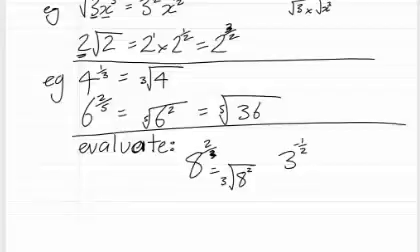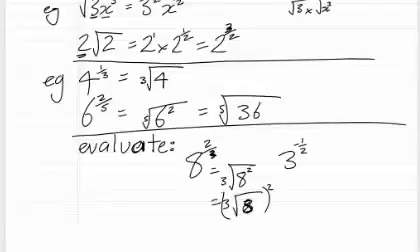Now, it's actually easier here to take that squared outside. The cube root of 8, squared. And the reason for that is that I've spotted that the cube root of 8 is 2. And so it's going to be much easier to get the cube root of 8, which is 2, and square it, giving me 4, than it would have been to square 8 and get 64 and then get the cube root of that.